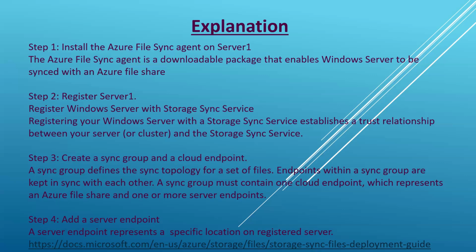Endpoints within a sync group are kept in sync with each other. A sync group must contain one cloud endpoint, which represents an Azure file share, and one or more server endpoints, which is going to be created in the next step. A server endpoint represents a specific location on the registered server. Basically, this is the location which is going to sync with the Azure file share.